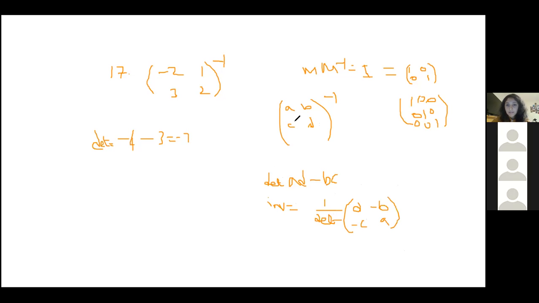So you negate these terms and you swap these terms. So the inverse for this question would be 1 over the determinant, so -1/7, times 2, -2, -3, and -1. And this is it. This is how you find inverses for 2x2 matrices.